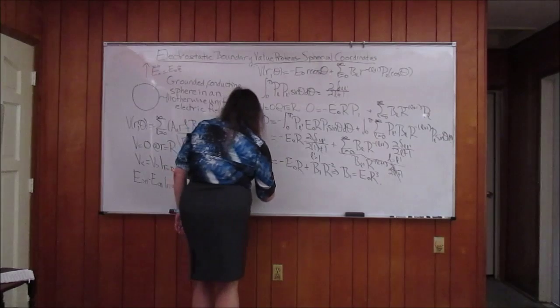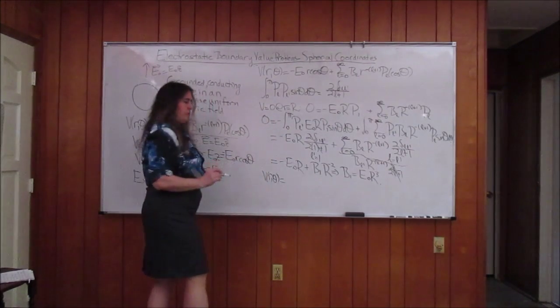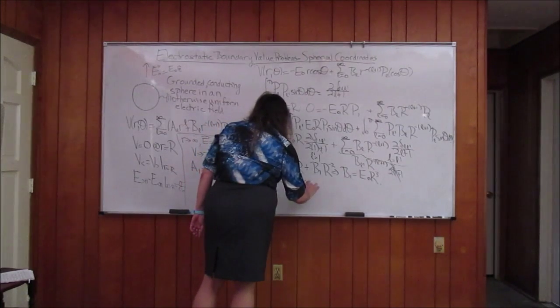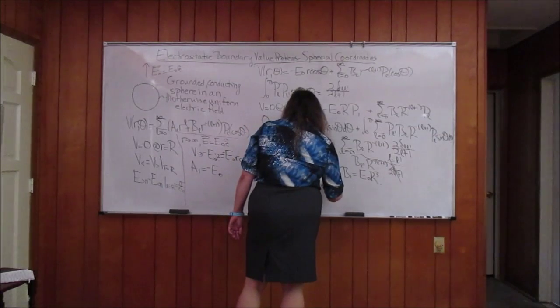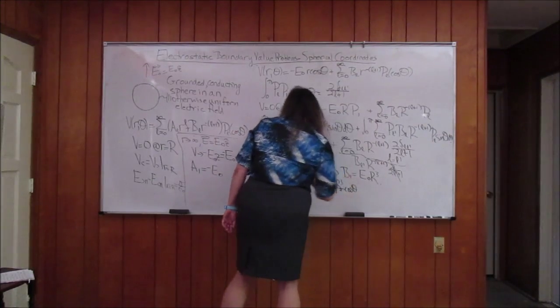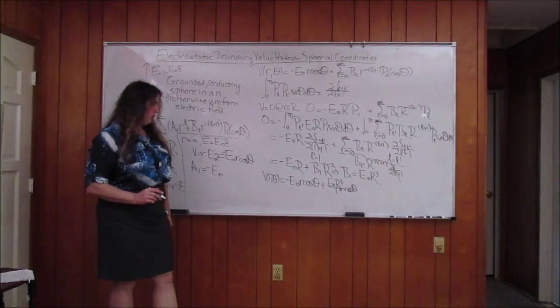Your potential then is equal to minus E naught R cosine theta plus E naught R cubed, radius of the sphere cubed over R squared cosine theta.